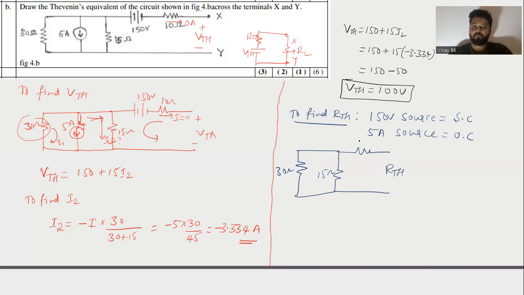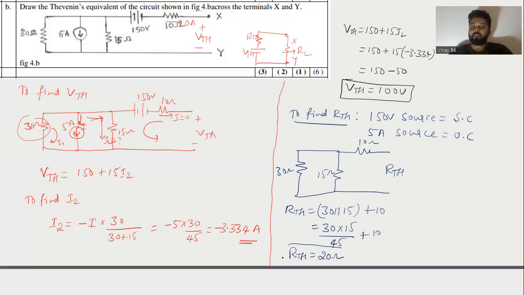This is 10 ohm, so RTH is given by 30 parallel to 15, and this combination in series with 10 ohm, that is nothing but 30 into 15 divided by 30 plus 15, which is 10, plus 10, you can get RTH as 20 ohm.